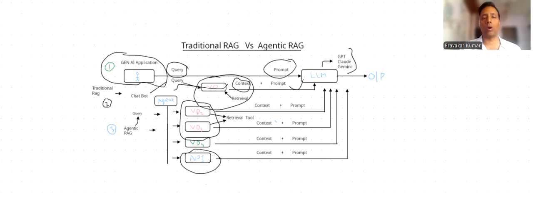Okay, so how will this be decided? Which one will be used: the vector DB, the company database, or the API? So we create the agent. The LLM is not only used to generate the response. Instead, the LLM will be used to create the agent, and the agent will decide, based upon the query, whether the answer to this query will be in the company database, a third-party database, or from the API search.